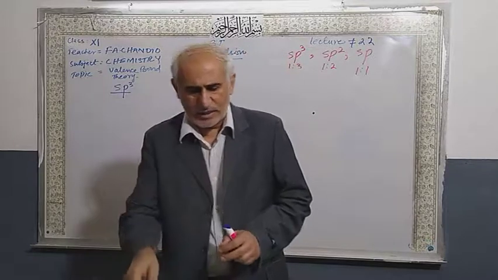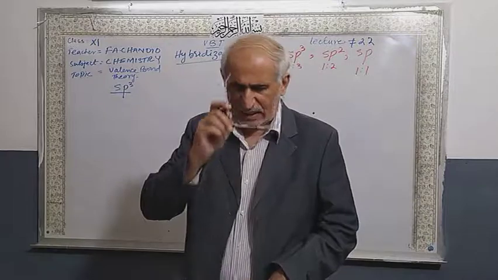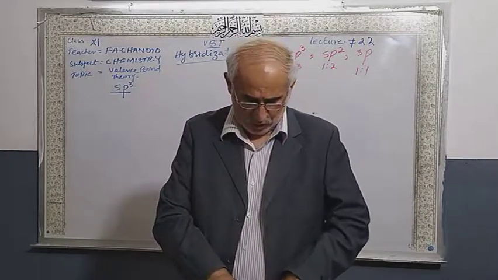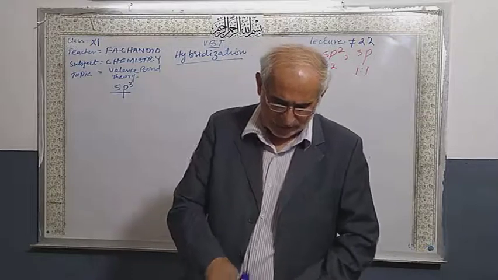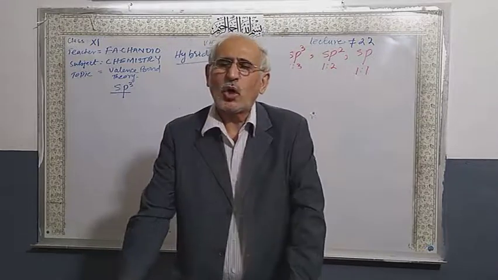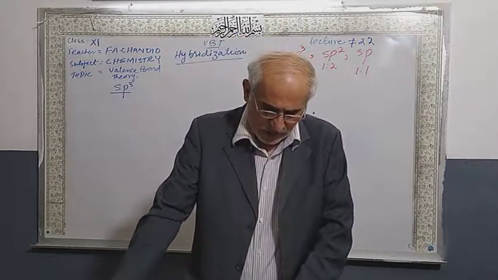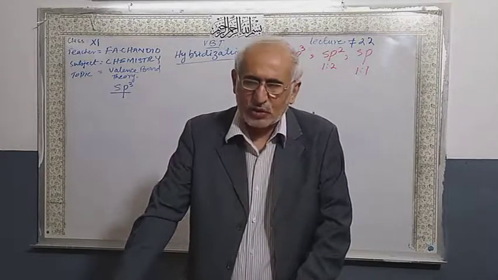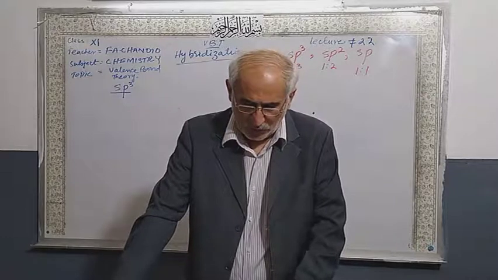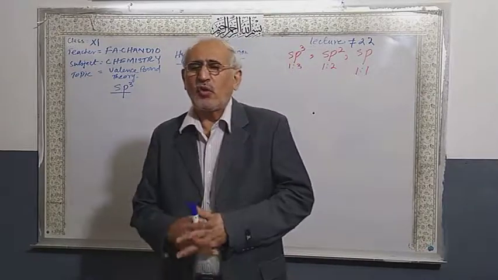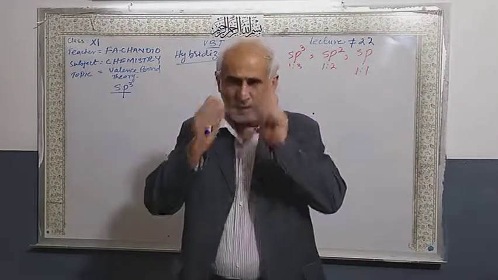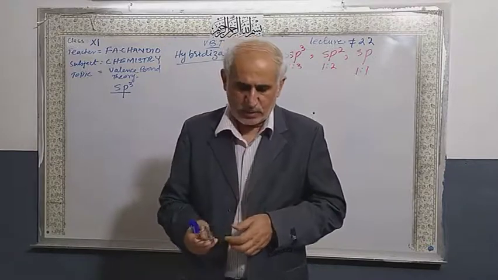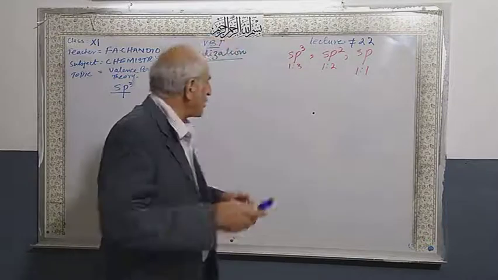According to the definition given in your book, the process of mixing 1 s orbital and 3 p orbitals to form 4 new equivalent sp3 hybridized atomic orbitals is called sp3 hybridization.